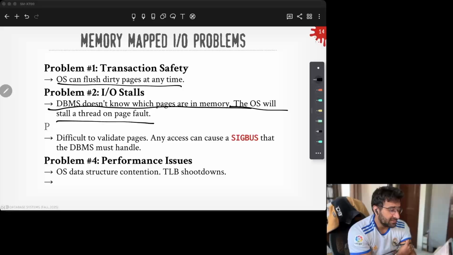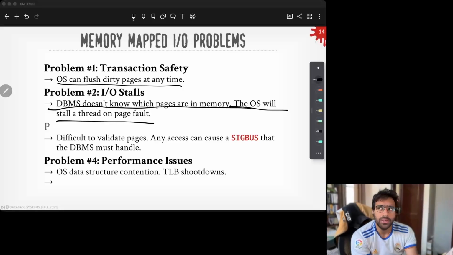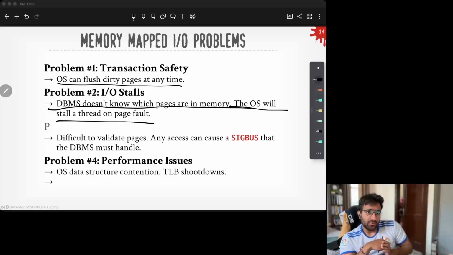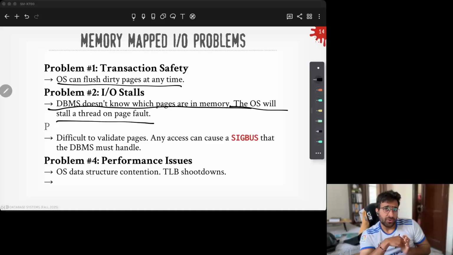But as I said, the OS will stall a thread and we will not know about it. The OS might tell that thread to sleep if it is a kernel level thread. But that is also a problem, because in modern programming languages, every language comes with a runtime.